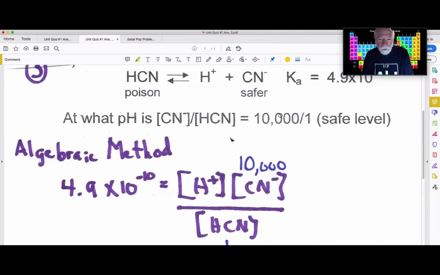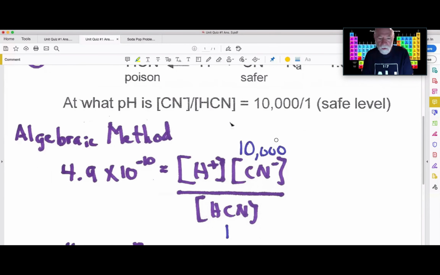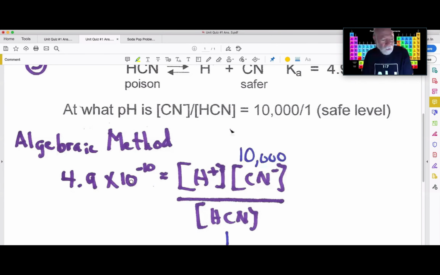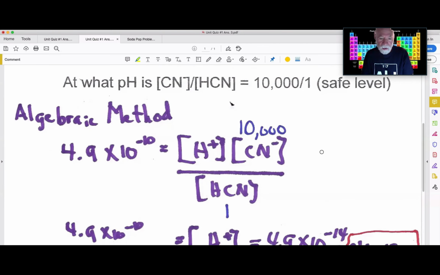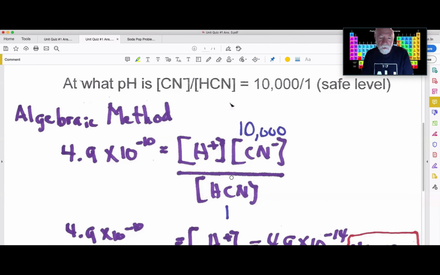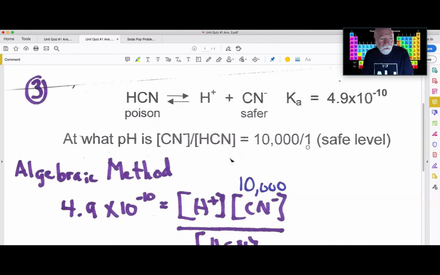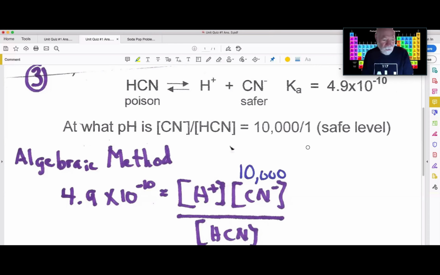The algebraic method goes like this. I write the K sub A, 4.9 times 10 minus 10. I write the mass action expression, so products over the reactant. Now, if you're asking for a pH, you're asking for the equilibrium hydrogen concentration.